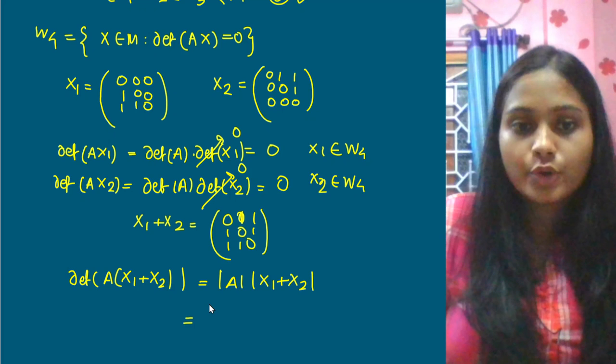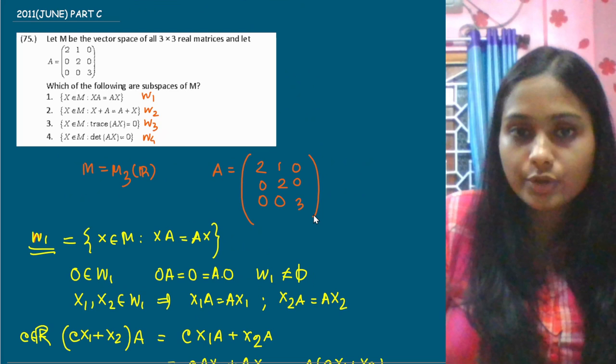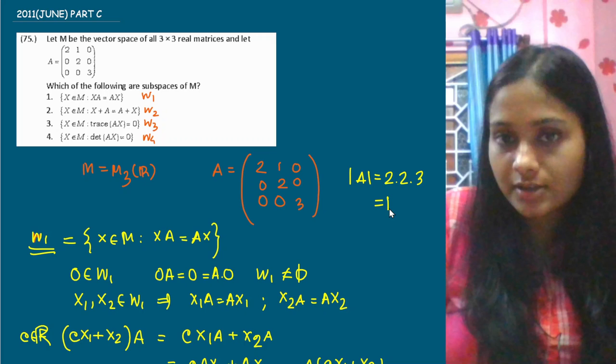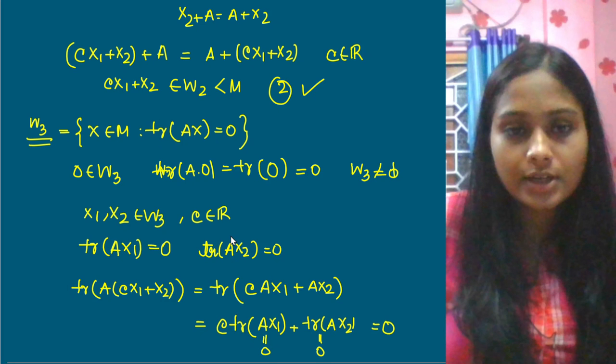So what is determinant of A? A is this matrix. So here we can say that A is an upper triangular matrix. So what will be its determinant? Its determinant will be 2 times 2 times 3, that is 12. So we are going to use determinant of A equals 12.